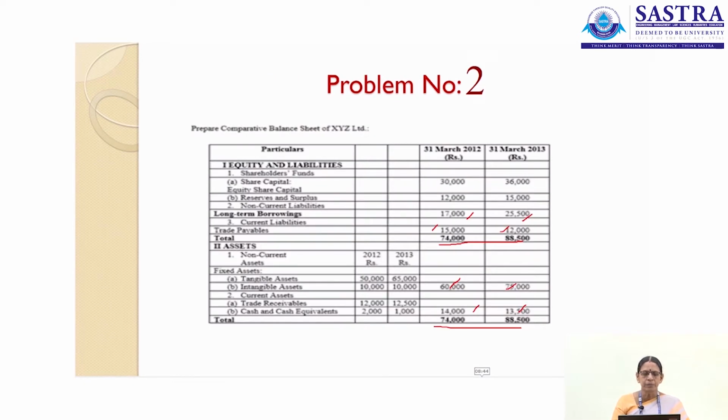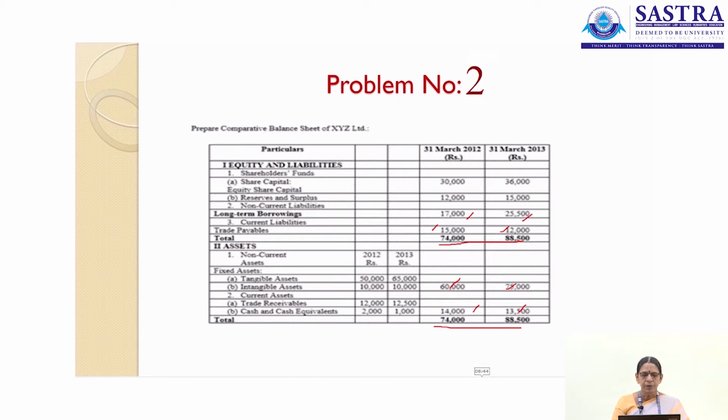On to the problem number 3. Equity and liabilities again the same way, we have share capital of 36,000, reserves and surplus 12,000, 15,000. Non-current liabilities we have long-term borrowings of 17,000, 25,500. Current liabilities we have trade payables 15,000 and 12,000. So the balance sheet total is 74,000 and 88,500.